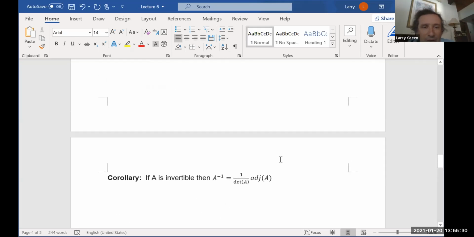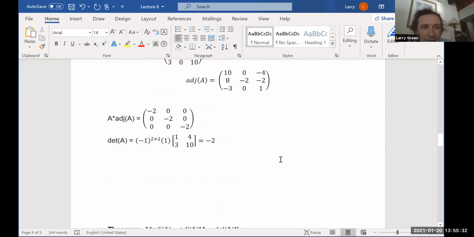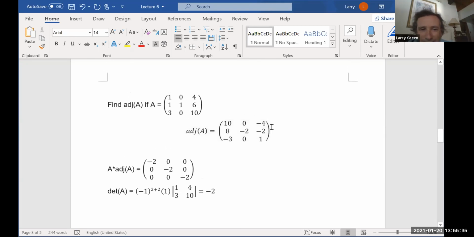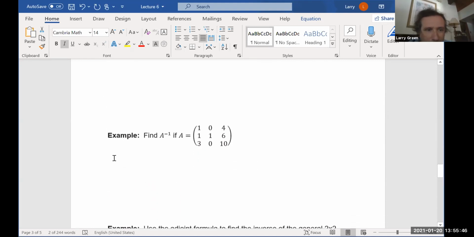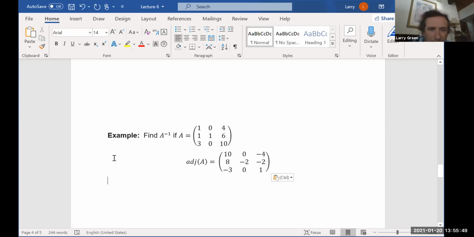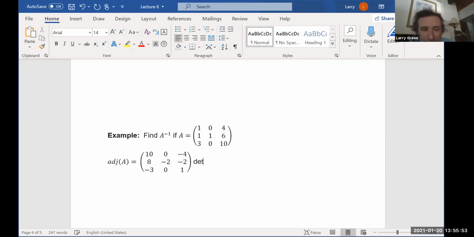So what we can do is use the fact that the adjoint of A was this, and the determinant of A was equal to -2. So now very easily, we can find this inverse.